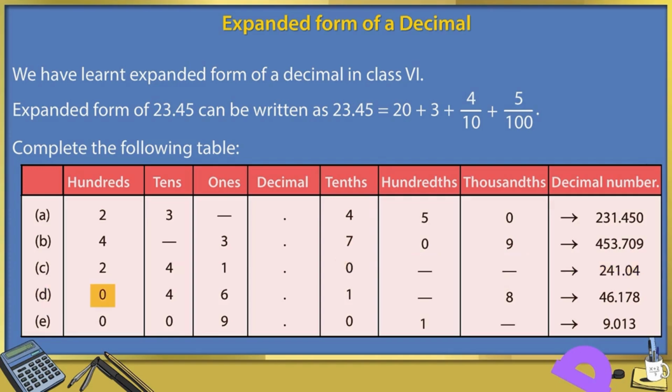D. 0, 4, 6.1, blank, 8, 46.178. E. 0, 0, 9.01, blank, 9.013.